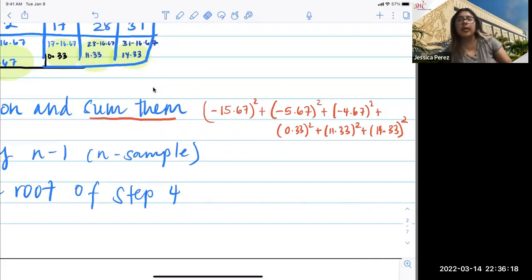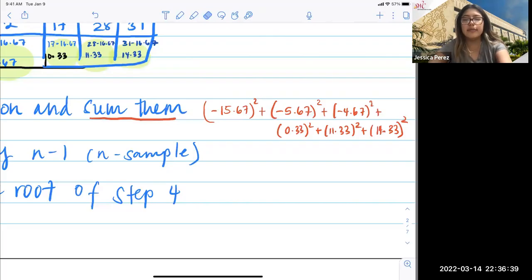So you're going to use your calculator and very slowly input it. Make sure when you are doing your calculations, you're being very, very careful. So I'm going to go ahead and calculate that right now.